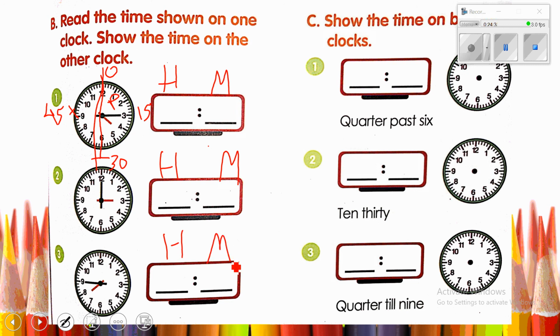Let's see. Where is the minute hand? On 15. Perfect. And where is the hour? Nearest to 4. It's still 4. In past, I'm still in the same hour. Make a line like this. P here, T here, 0 up, 15 and 45. Now, where is the minute hand? On 0. And where is the hour hand? On 3. Now again, here is the line.